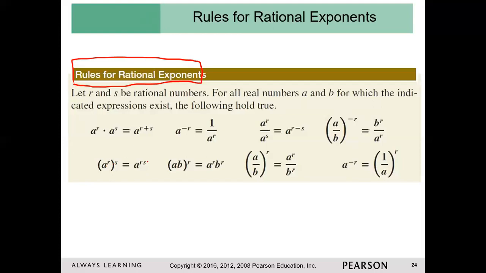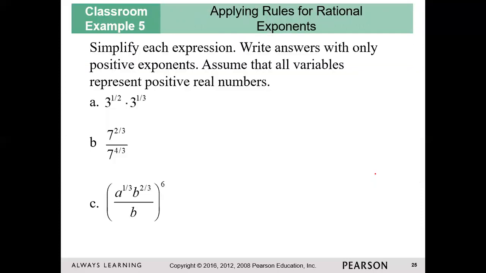Power raised to a power, multiply, sort of distribute, again in quotes, to both of these. So A and B are both getting that power of R. And then, last but not least, you have this A to the negative R. You could write it this way if you wanted to. You don't have to, but it's an option.